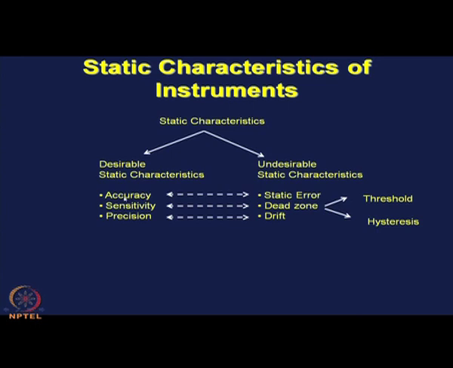So, corresponding to accuracy, which is a desirable static characteristic, we have static error, which is an undesirable static characteristic. Corresponding to sensitivity, which is desirable, we have dead zone, which is undesirable. Corresponding to precision, which is desirable, we have drift, which is undesirable.